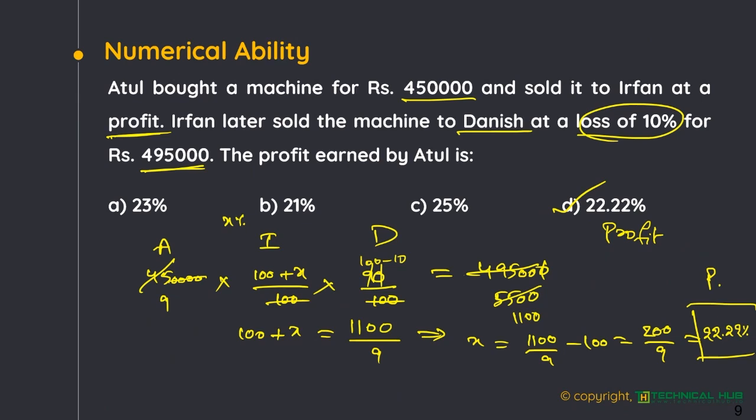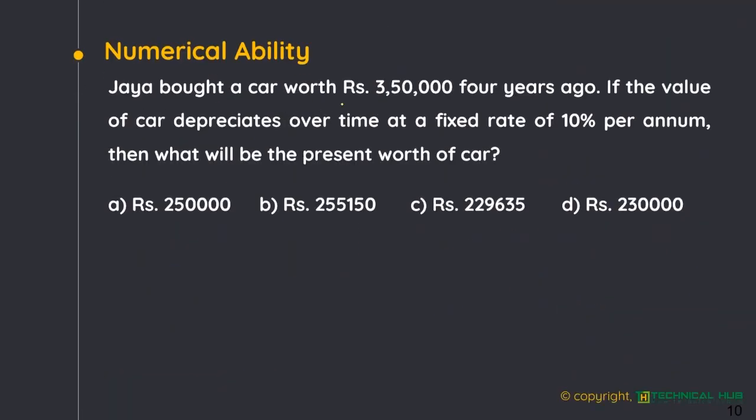Next question. Jaya bought a car worth 3,50,000 4 years ago. 4 years ago, Jaya bought a car and the cost of that car is 3,50,000.